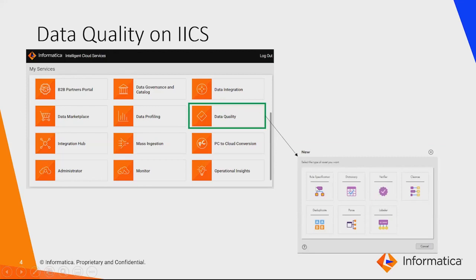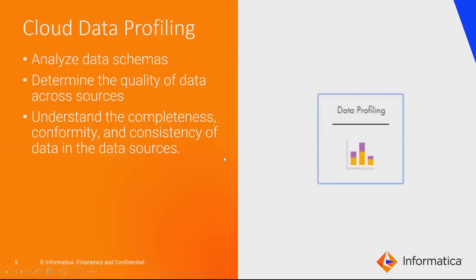Moving to next slide. Now, like data profiling that we talked about, right? So basically, it does the data schema analysis, determining the quality of data across the sources by simply parsing the data sets, and if you have any rules, it will apply those rules as well while doing the data profiling.